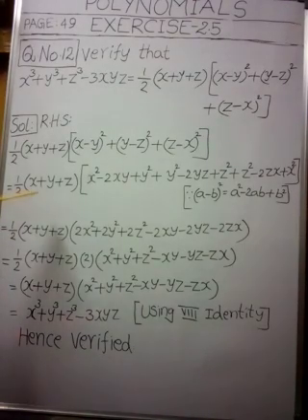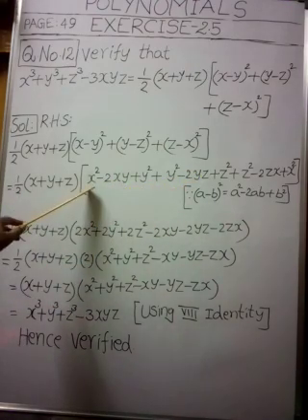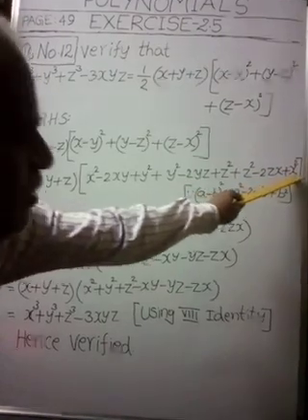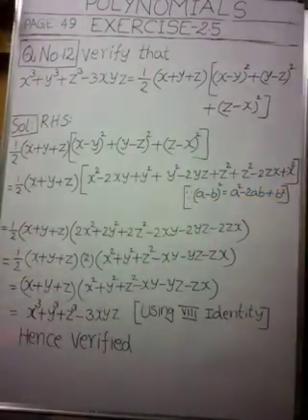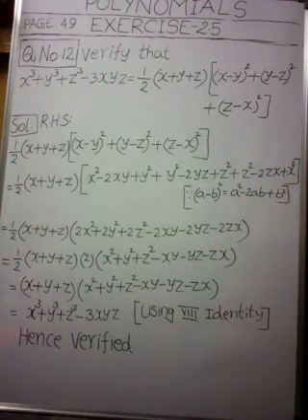Right. Again, we write this part as it is, 1 by 2 of x plus y plus z. In these brackets we simplify the terms. See here, x square at the beginning and at the last also plus x square. These are like terms. You can simplify the like terms. We can add them.